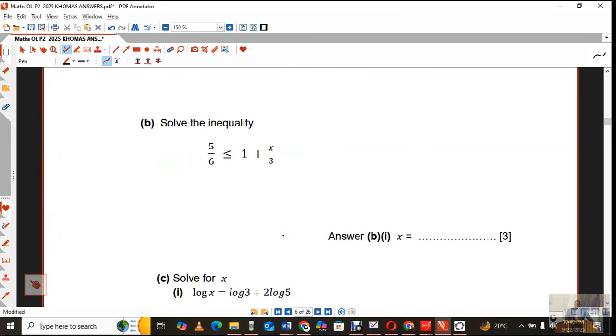Now, one of the things with inequalities you should remember, please do not cross multiply. But in this case, there are many ways you can do this inequality. You can perhaps write this as a single term. You can also take the one to go meet its friend over there.